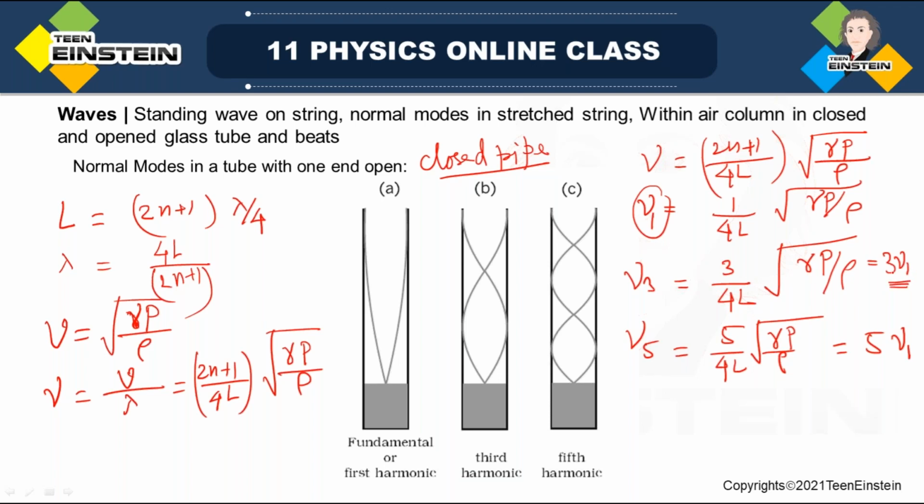Since these are integral multiples, the higher harmonics we get here are the odd harmonics. So higher harmonics produced in a closed pipe are odd harmonics.